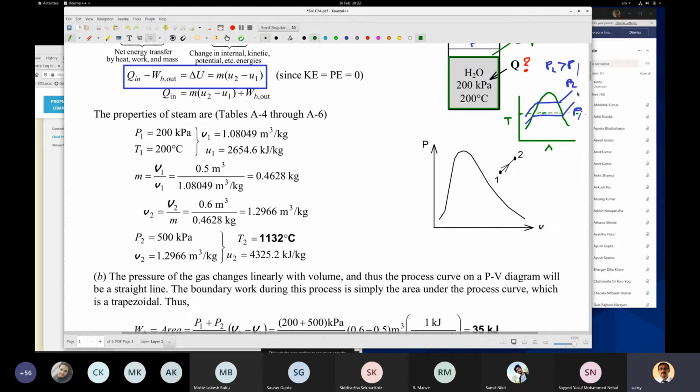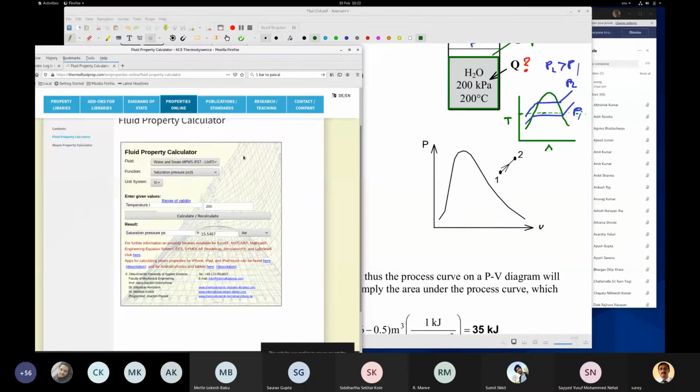Here we have our pressure much higher, and then we have superheated steam. So let us now calculate at 200.